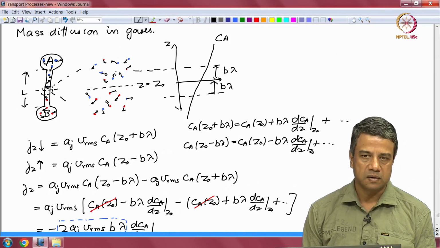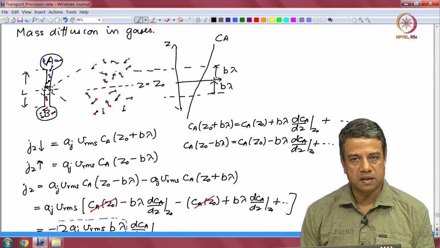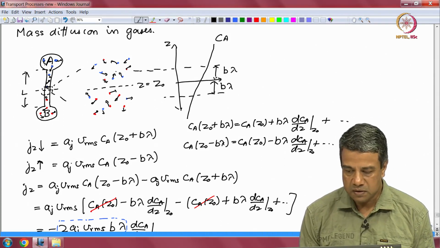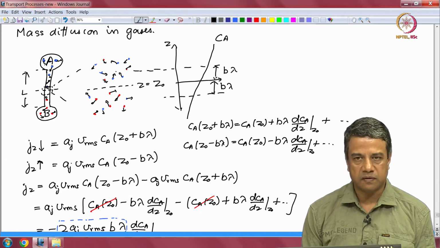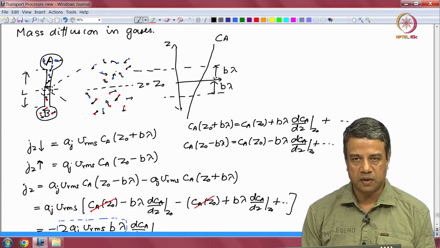Those that cross from above to below cross from approximately 1 mean free path above the surface. Those molecules going from below to above cross the surface from about 1 mean free path below the surface.